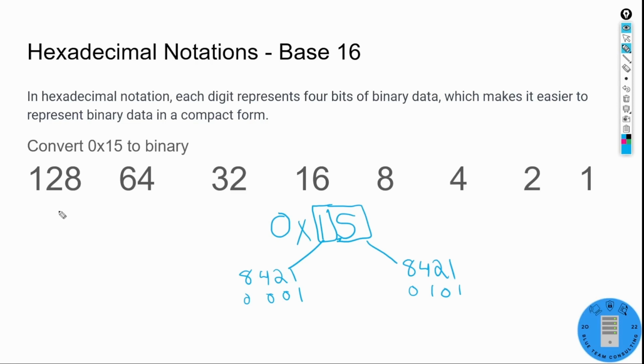So we would have, taking from the bottom here, 0, 0, 0, 1, 0, 1, 0, 1. 16 and 4 is 20, plus 1 equals 21.